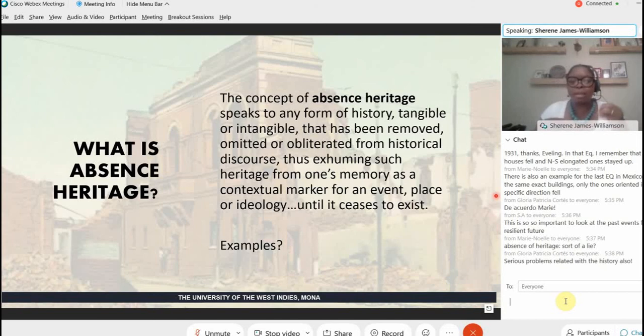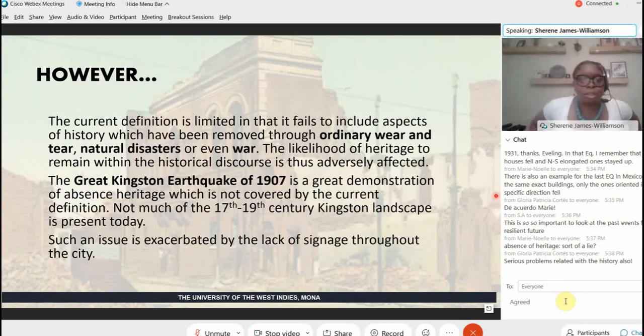And so it draws us into this experience of absence heritage just being something somebody removed from our memory so that it doesn't exist for us to use. And I think that limits the definition, and it needs to be broadened, because we have heritage of absence that relates to so many other things other than people suppressing and creating issues.